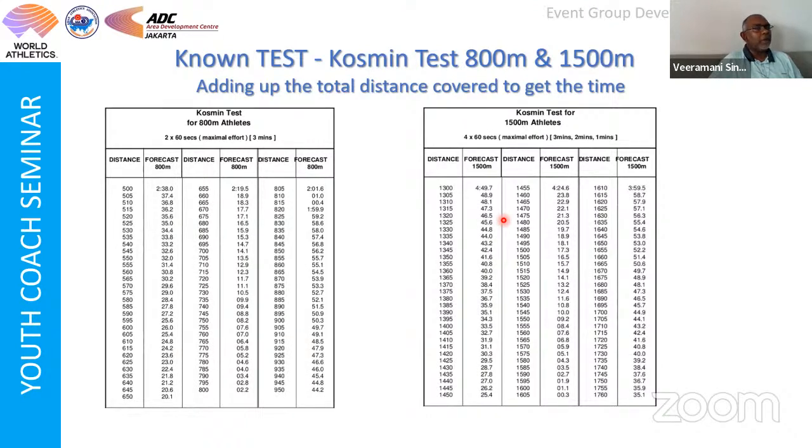Third run, 1 minute, take the distance, and then the last one, take the distance. You consolidate them together and you get a result. Assume the athlete has run 1,500 meters. That means his forecast performance could be 4 minutes 17 seconds. That is a way to help coaches.